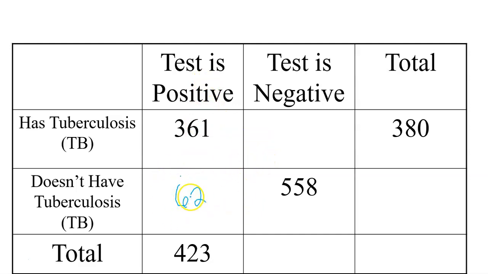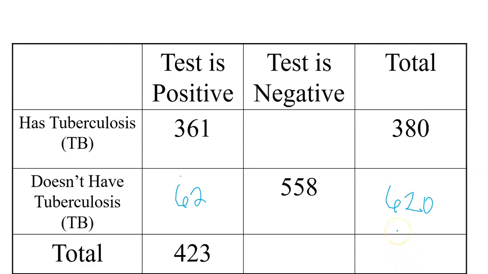Now that we know that number, we can use it to find our total number of people that do not have tuberculosis. So we're going to add 62 to 558, and that gives me 620. And now we can use the total that have it and the total that don't have it to get the total number of people.